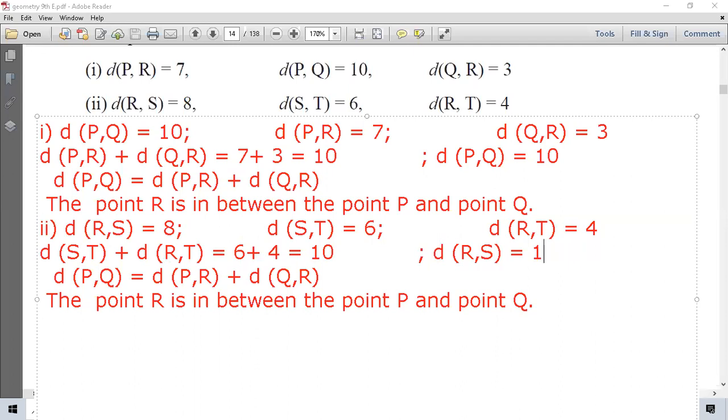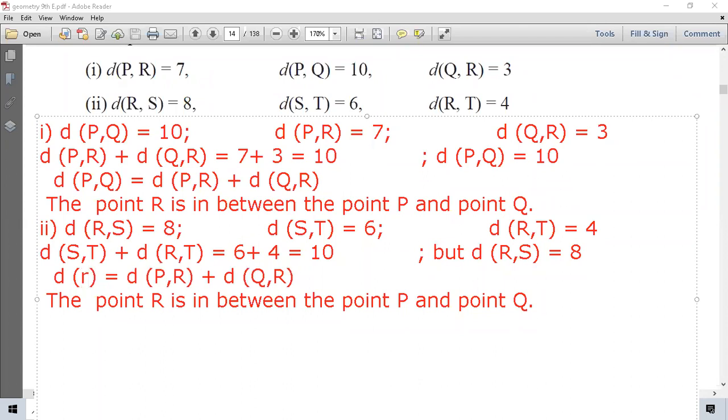Okay, but RS is what, you can write here. RS is 8, therefore RS is not equal to ST plus RT. Here you have to put a not-equal-to sign, or cross it out, since I don't have that option here.